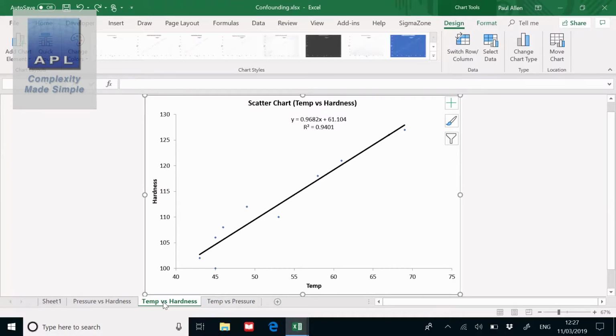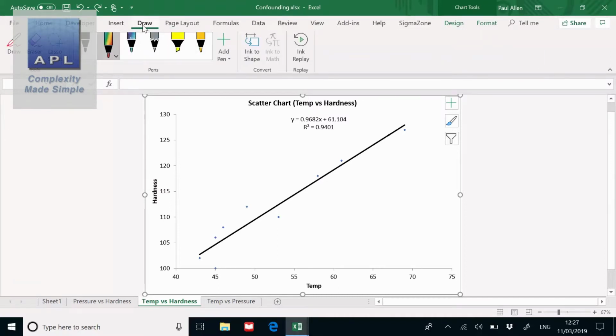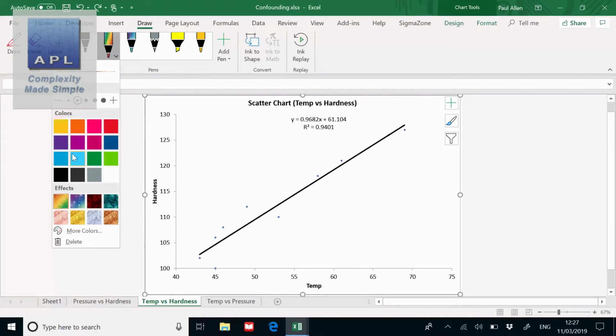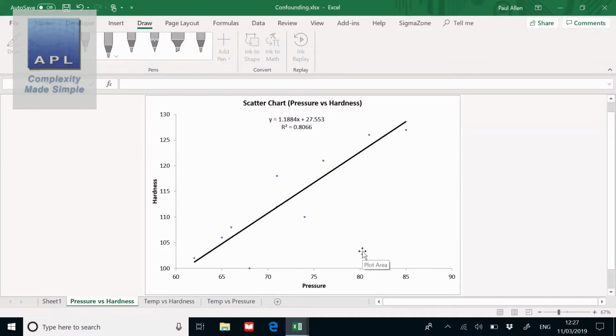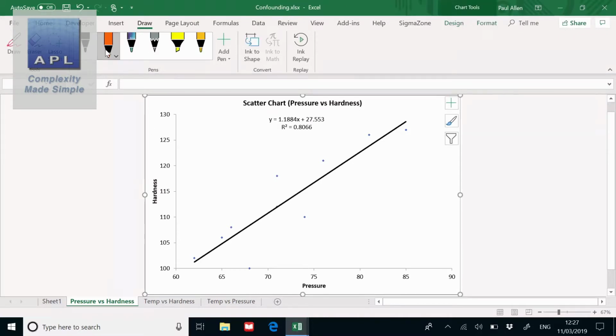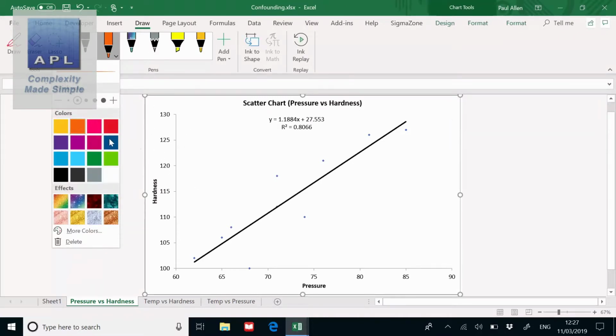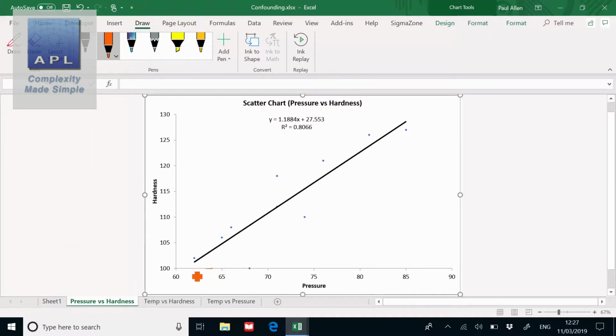Now, if you look at these two graphs, you can see that they are moving 30 points up the scale. So this high to low here, when I move temperature, I'm getting a 30-point shift for temperature to hardness, but I'm also getting a 30-point shift for pressure to hardness.